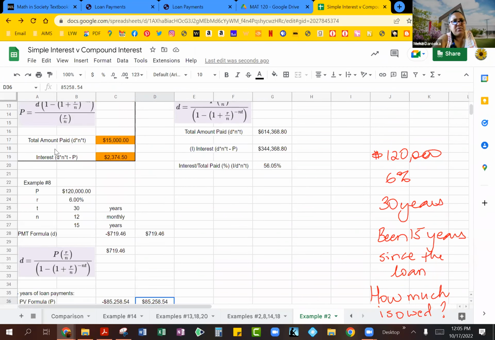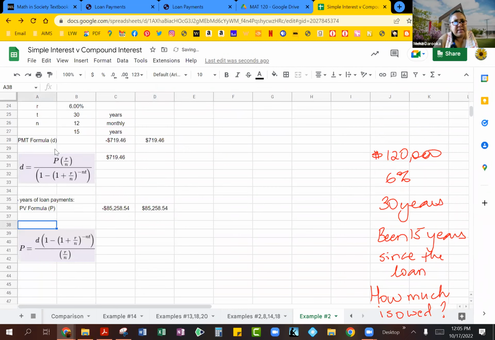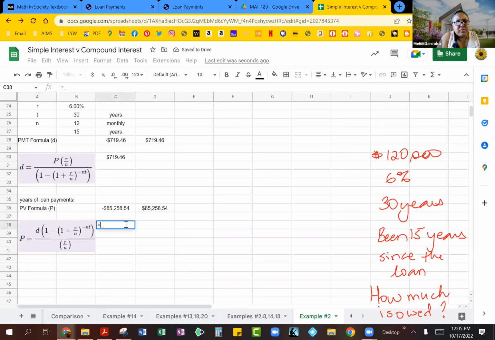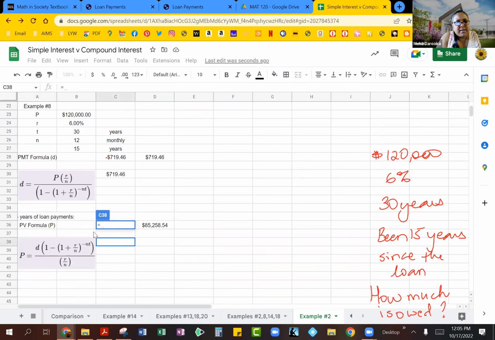But again, if you wanted to use this one, then this is the one where you will have equal to our D value, which was the 719.46. Multiply that by, and since all of that is in the numerator, you'll have open parentheses, 1 minus, open parentheses again, 1 plus, and as you can see in the formula, R divided by N. So your R is 6%.